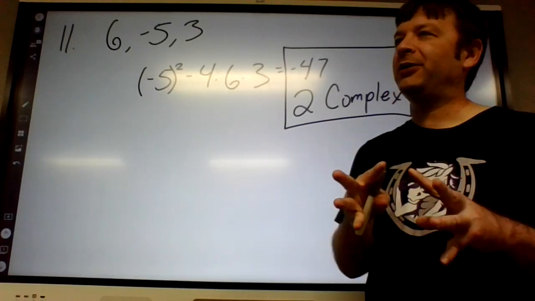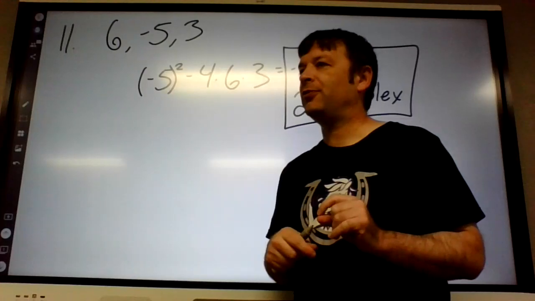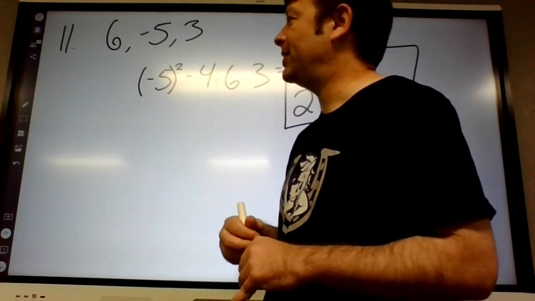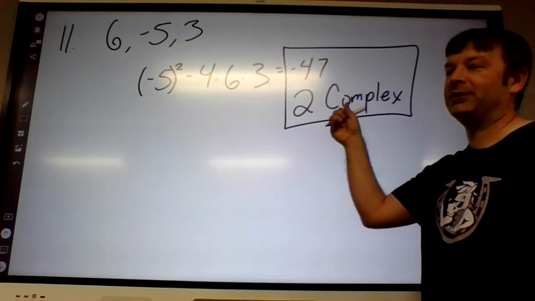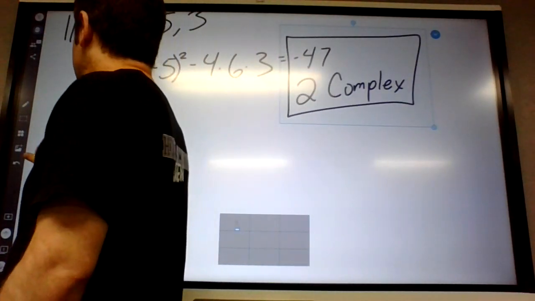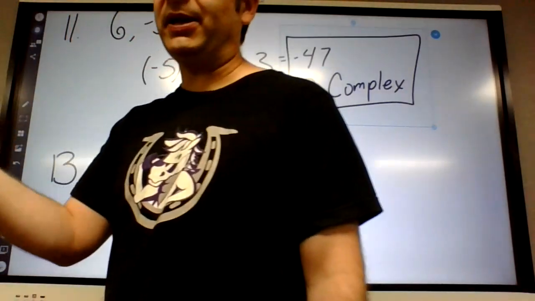But if you're not good at it and you're not sure it factors, I would just use quadratic formula. If it's a square root answer, factoring is not going to work. If it's an imaginary answer, factoring is not going to work. Factoring is only for normal answers. Okay, now that we got that cleared up, I'm going to factor if I can and if I can't.